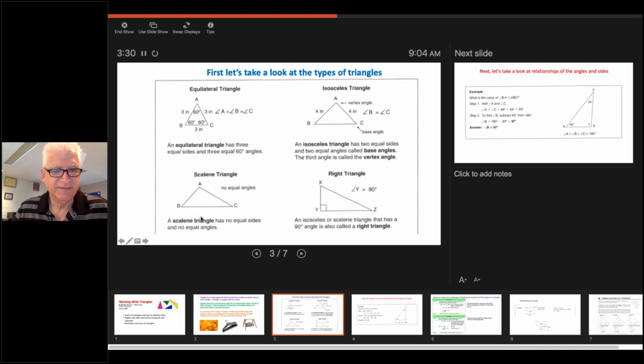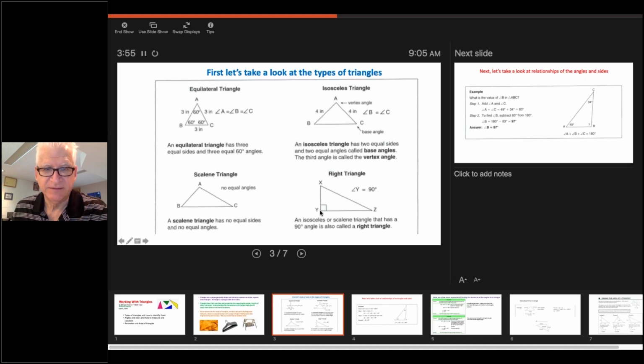Scalene triangle is kind of unique because it has no equal sides and no equal angles. And then finally, the right triangle, again, one of the real basics of higher geometry, trigonometry, and calculus, always has one angle that is 90 degrees.